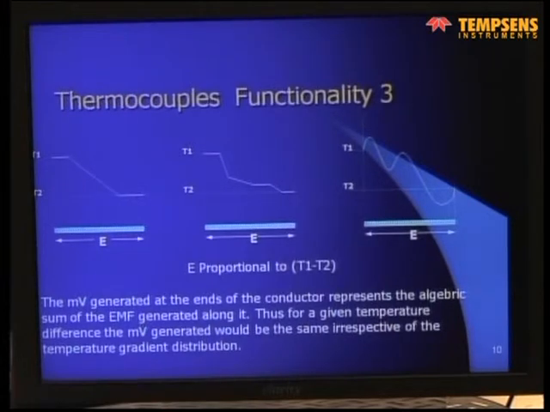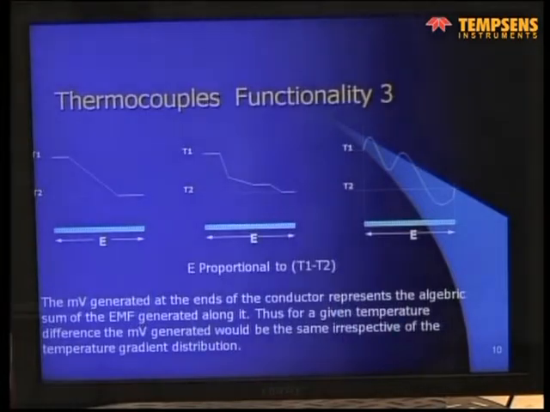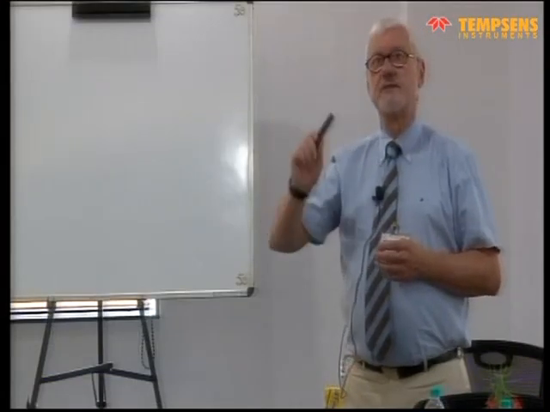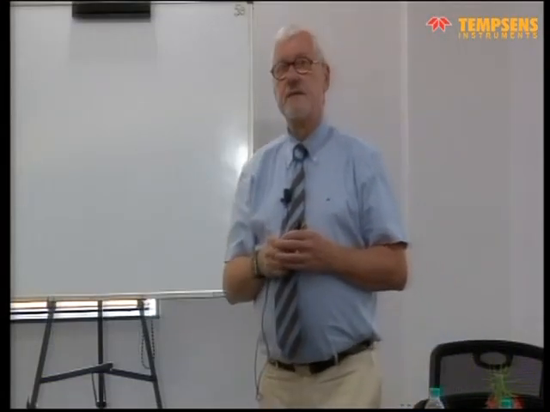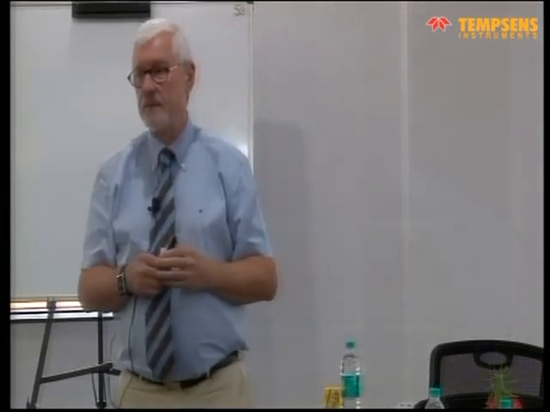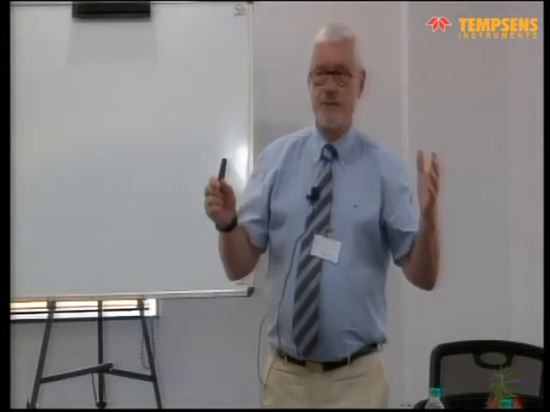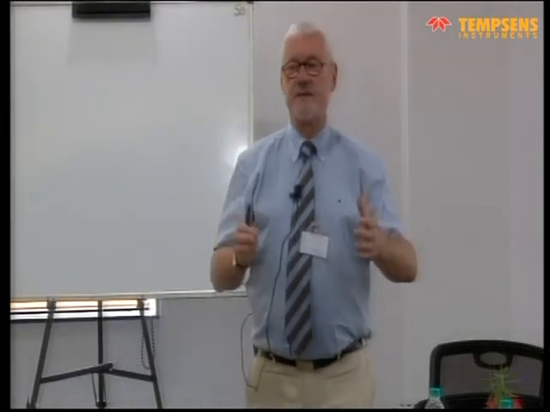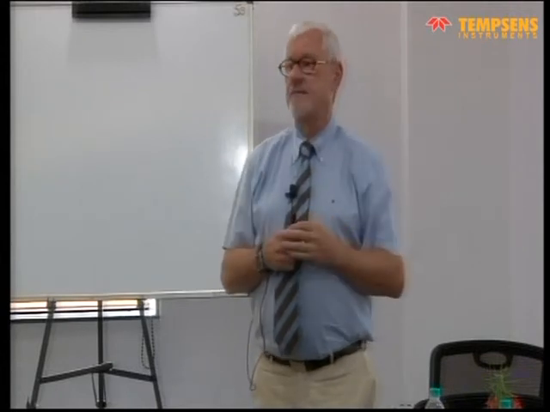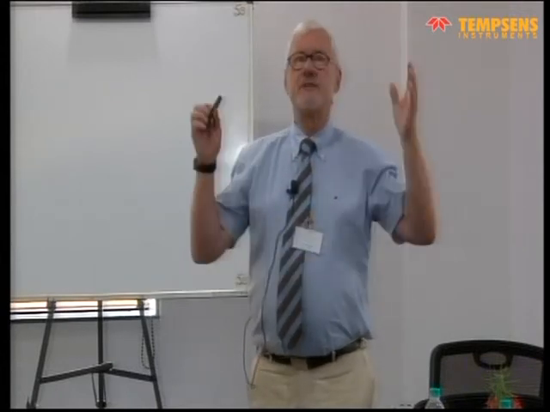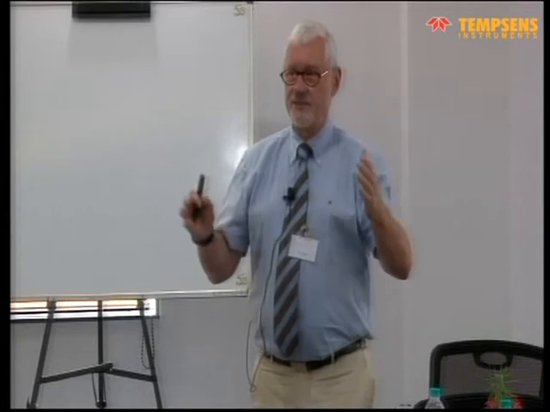Even on the right, where you have peaks and soaks in between, typical for vacuum furnace applications, for example, the total output is exactly the same as in the left graphic, if the temperature difference is constant.